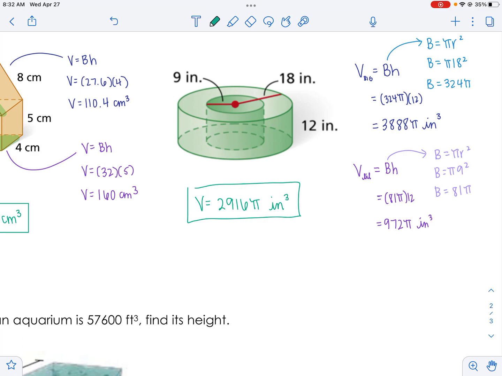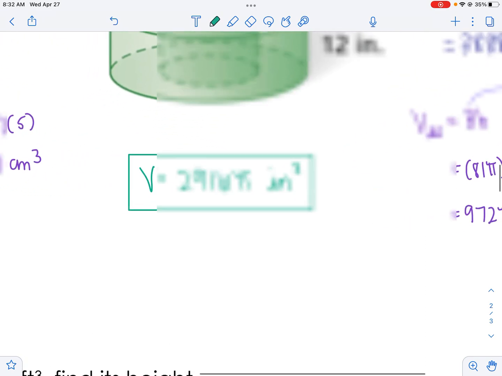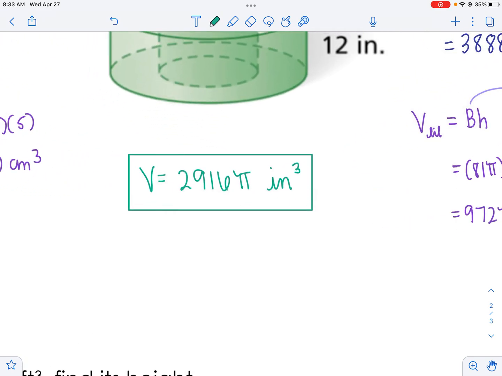Now, let's just say that they said round to the nearest tenth. So if you were told to round to the nearest tenth, you would need to take this and type it into the calculator using that pi key. And if you round it to the nearest tenth, which means you actually put pi in, we get 9,160.9.